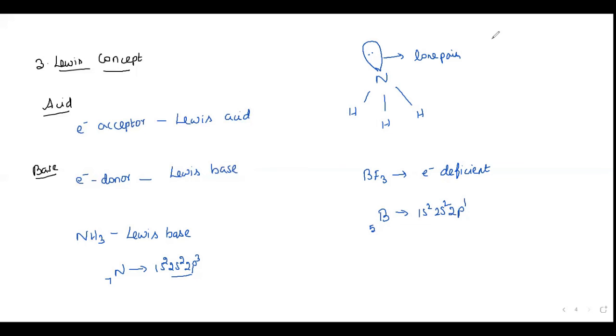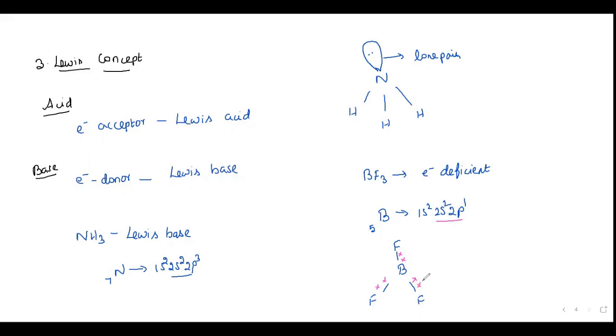In the outermost shell there are 3 electrons. The boron combined with 3 fluorine atoms, and all 3 electrons are involved in bond formation. So now boron is surrounded by 6 electrons.